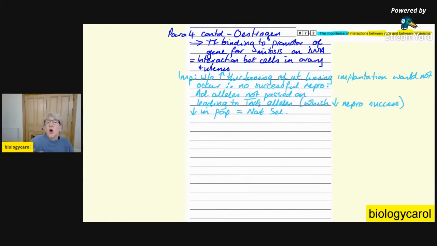Advantageous alleles in that individual could not be passed on if reproduction was not successful, leading to the individual's alleles which decrease reproductive success, i.e. the disadvantageous alleles, decreasing in the population. And that is the definition. In fact, I've just got that wrong. That is the definition of evolution.